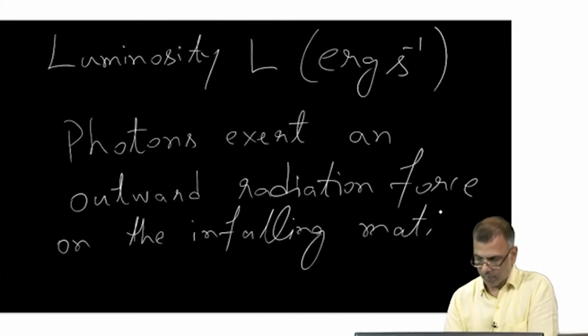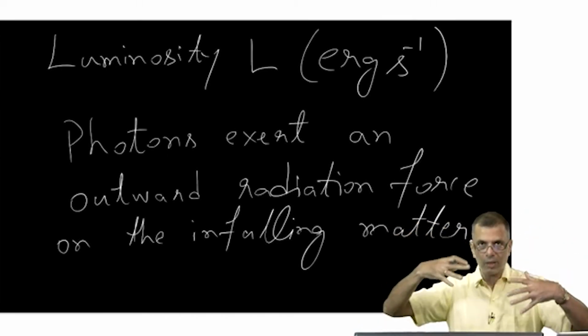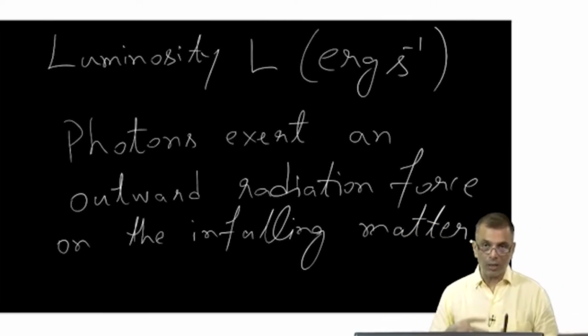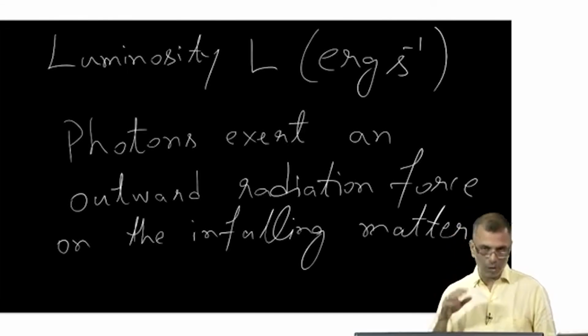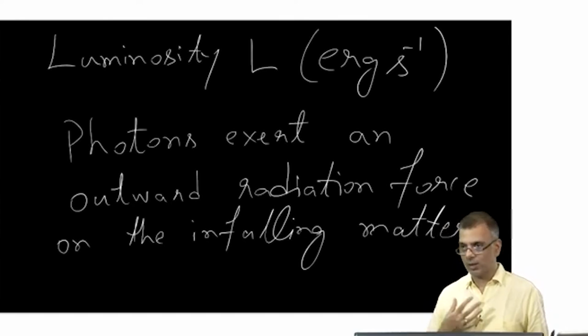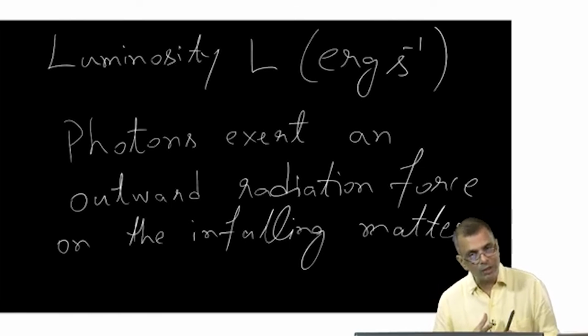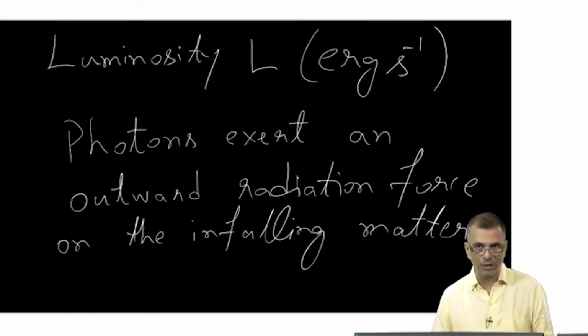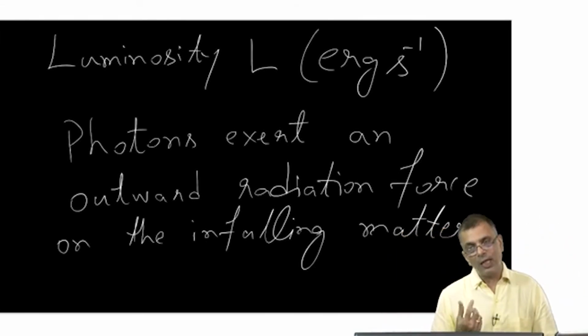So, the point is, you are accreting stuff because you want to extract the gravitational potential energy. And suppose you are able to do that. Somehow, as we will discover, the way in which gravitational potential energy is extracted is via viscosity. Either shear viscosity, which is relevant to accretion disks, or bulk viscosity, which is relevant to spherical accretion. That's the only way you can heat up the matter.